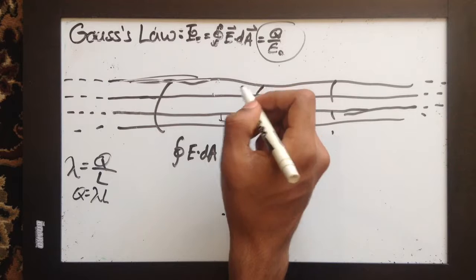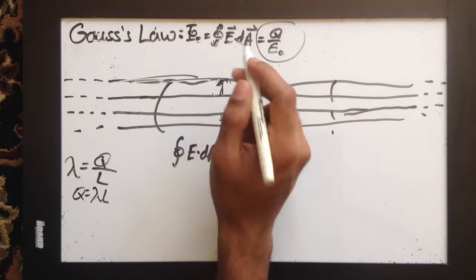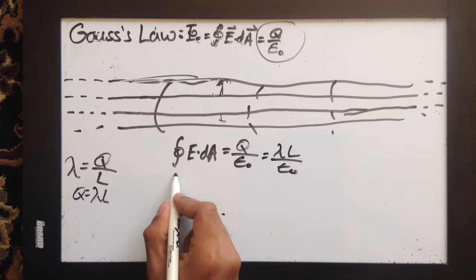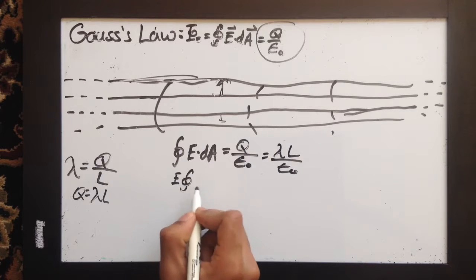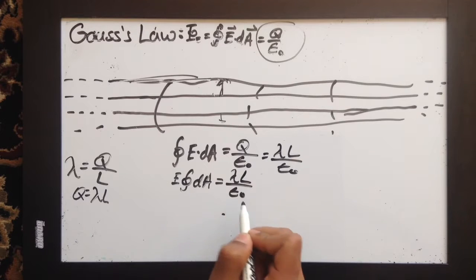And we also know that it's going to be parallel to the area vector. So we can basically get rid of the dot. And so now we just have E times the integral of dA equals lambda L over epsilon naught.